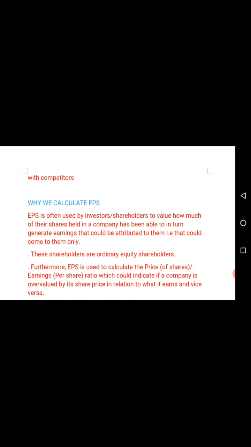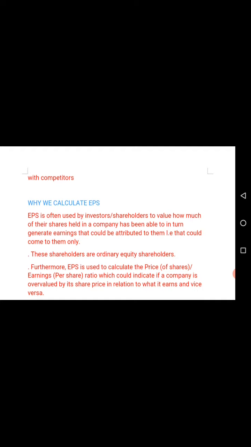EPS is often used by investors. Of course, investors are shareholders too, to value how much of their shares held in a company has been able to in turn generate earnings that could be attributed to them, that is, that could come to them only. I'll take it again.